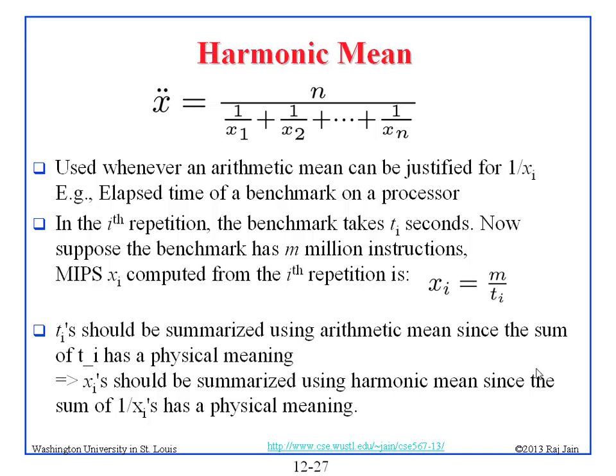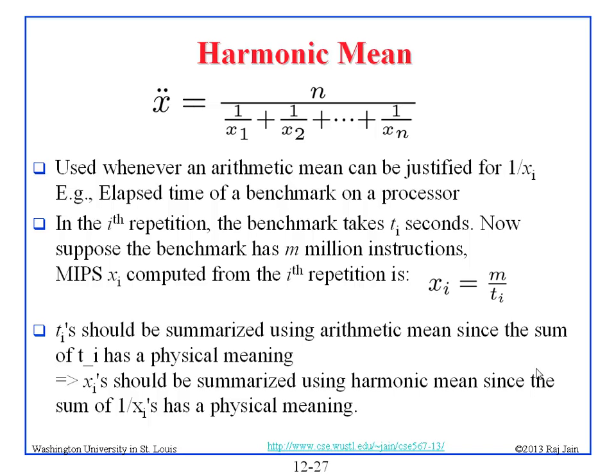This is the MIPS rating. Then you get the second observation. The m doesn't change, but the ti changes for the second run, because this is a random number. Every time you run it, it takes a different time for the same benchmark. So the m remains the same, but the time is changing.